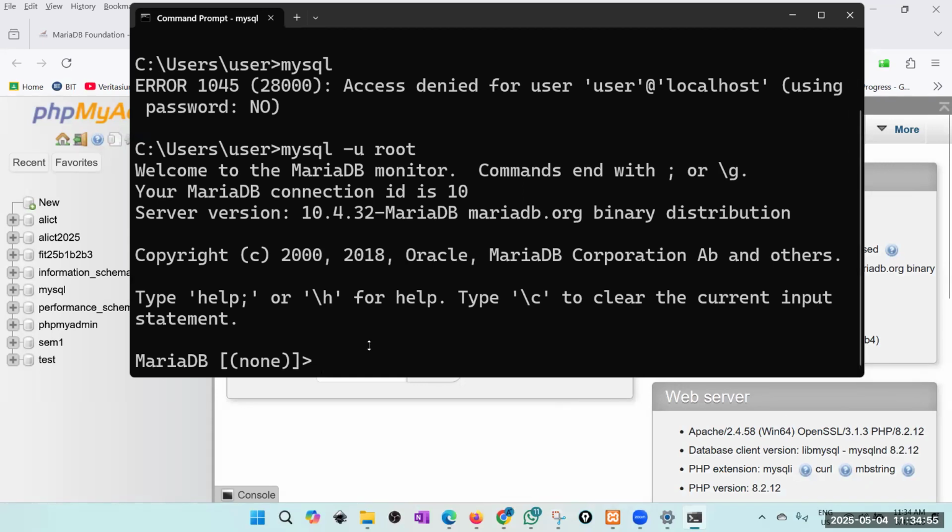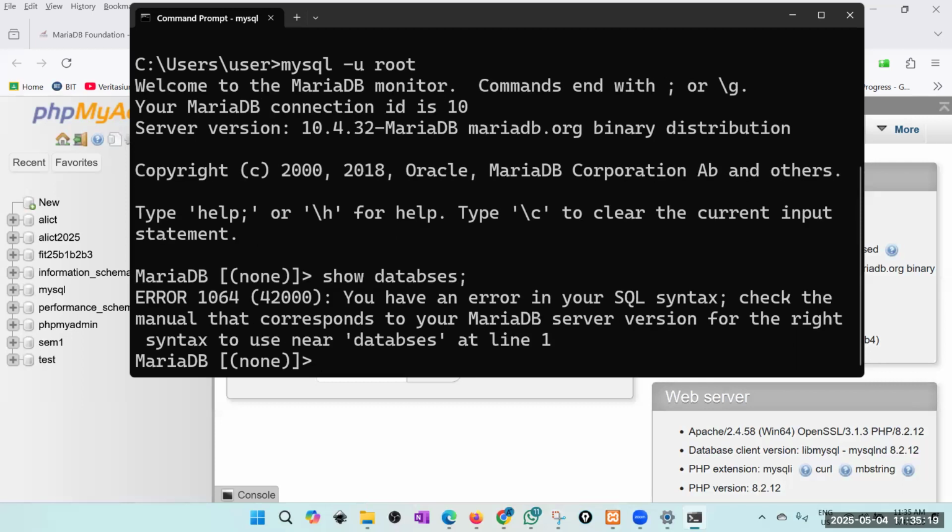Right. So if you want to see the currently created databases, there's a MySQL command called show databases. Every MySQL command ends with a semicolon. It's like English. Show databases and enter.